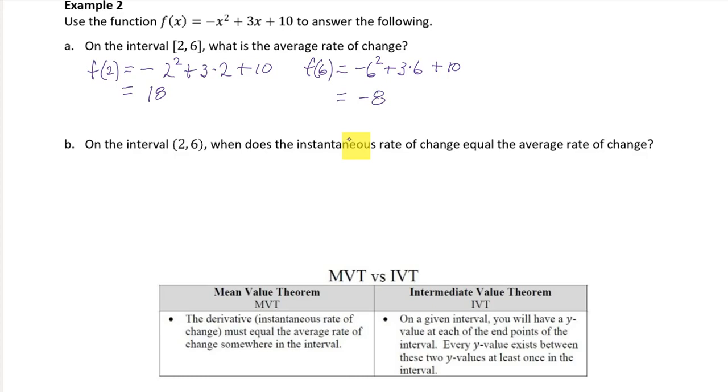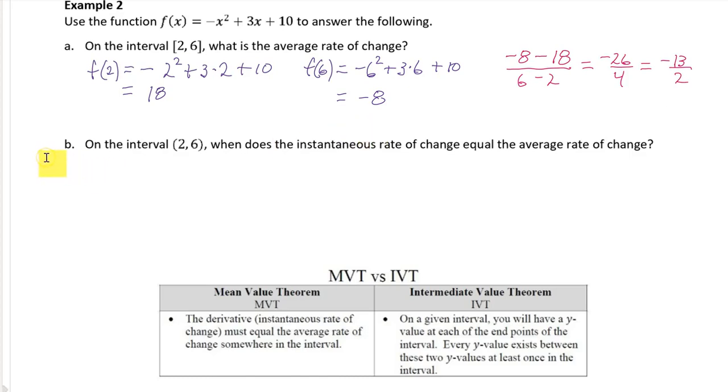So I'm going to do negative 8, that's your y2, minus 18, y1, all over 6 minus 2. That's going to be negative 26 over 4, which is equal to, we'll call it, negative 13/2. I'm not going to do decimals on this one. I'm going to leave it as a fraction. So there's the slope from 2 to 6 on that particular parabola.